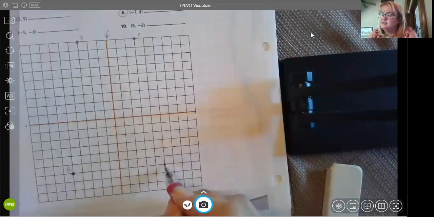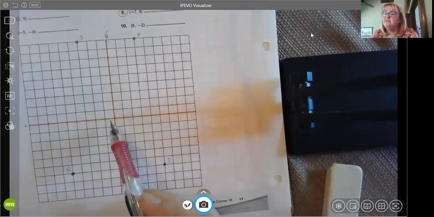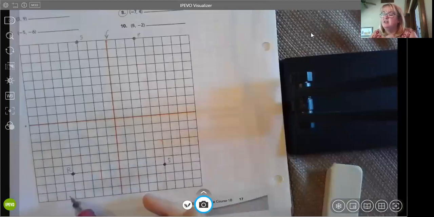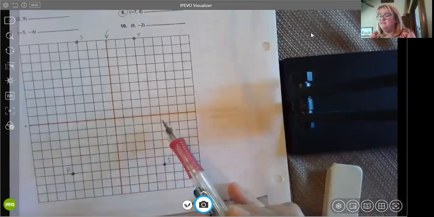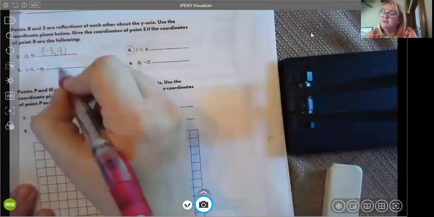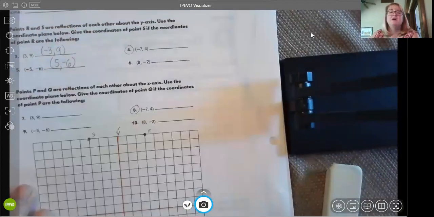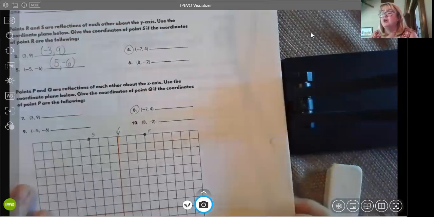This is going to be S. Our original went back 5, down 6. The new one, instead of going back 5, we're going to go forward 5 and down 6. So instead of (-5, -6), it's going to be (5, -6). Hopefully you'll start seeing there's a pattern to how these work.